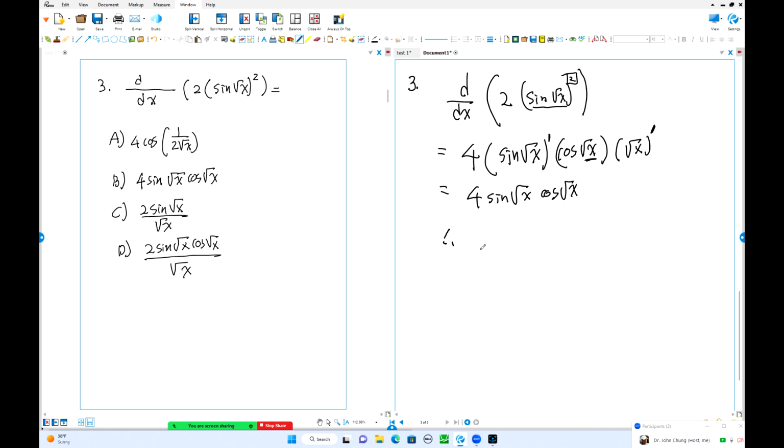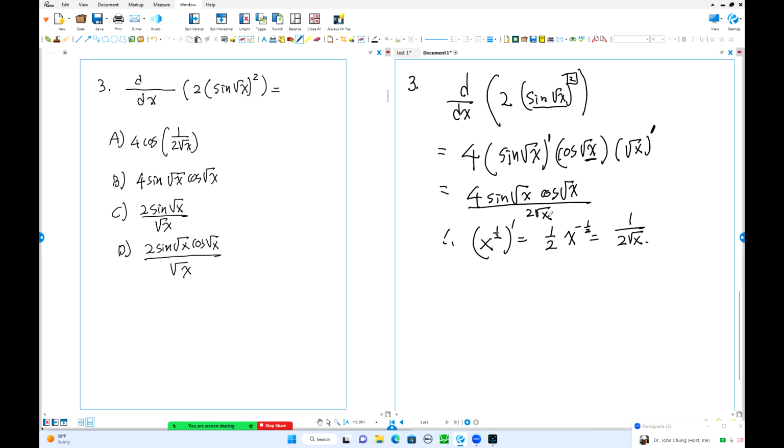Okay, try this one. Square root x is x to the 1 over 2. What is the derivative of this one? 1 over 2 moves to the front, x to the what? 1 over 2 minus 1 is negative 1 over 2, right? This is like 1 over 2 root x. It's okay? So I'm going to simplify. Over here, that is what? 1 over 2 root x over here, right?